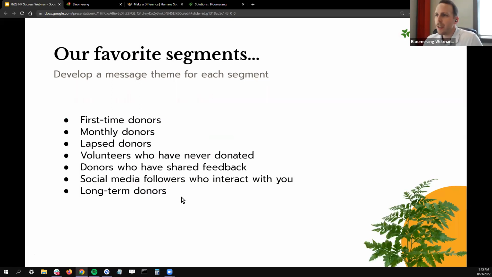Our favorite segments were first-time donors, monthly donors, lapsed donors, volunteers who've never donated, donors who have shared feedback, social media followers who interact with you, and long-term donors. I know in Bloomerang we can capture a lot of this information and pull those by certain fields and reports. As far as other CRMs, I'm sure there are ways of finding these segments.